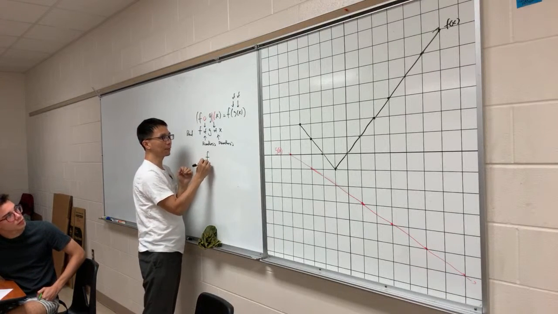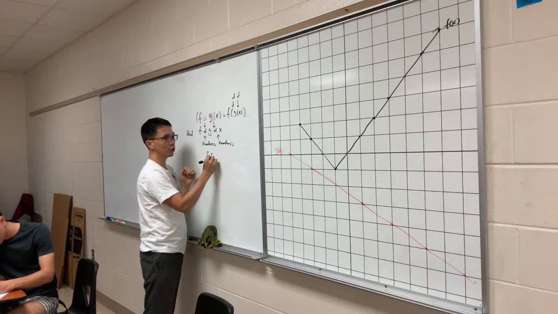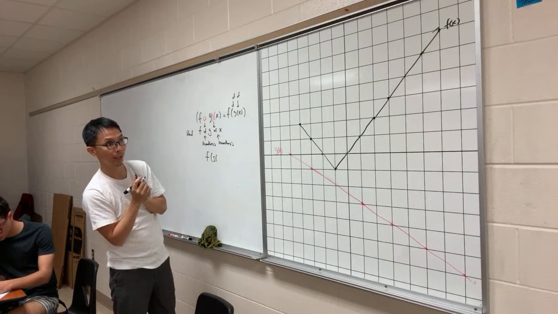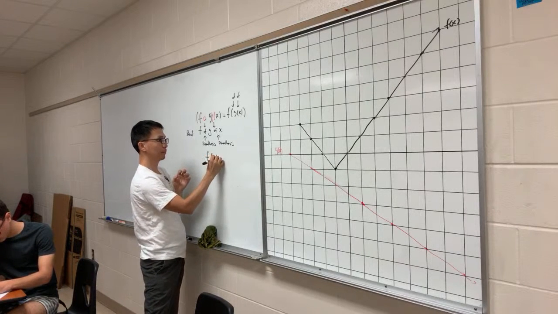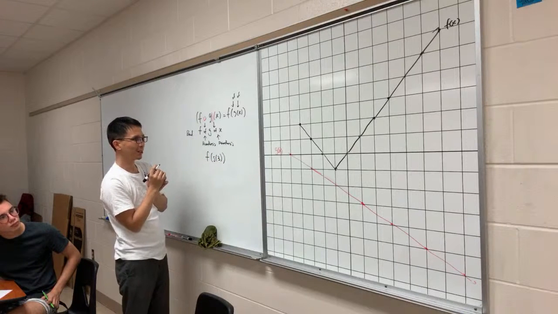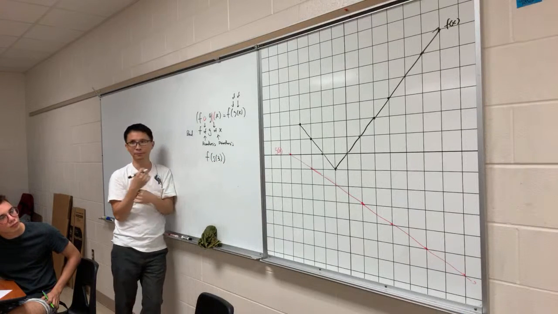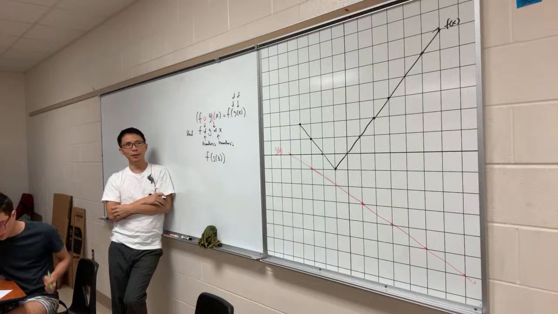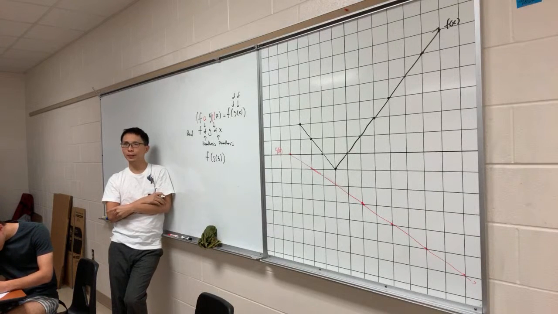What is f of g of, let's say, 3? That's too easy. Okay, well, we'll start with the easy one. What would it be with f of g of 3?